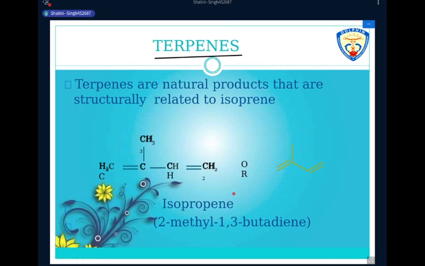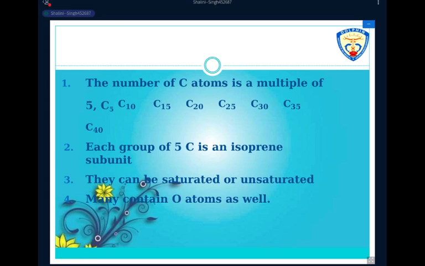So in terpenes, carbons will be in multiples of 5, depending upon the number of isoprene units they contain. The number of carbon atoms is a multiple of 5: 5, 10, 15, 20, likewise. Each group of 5 carbons is an isoprene subunit.